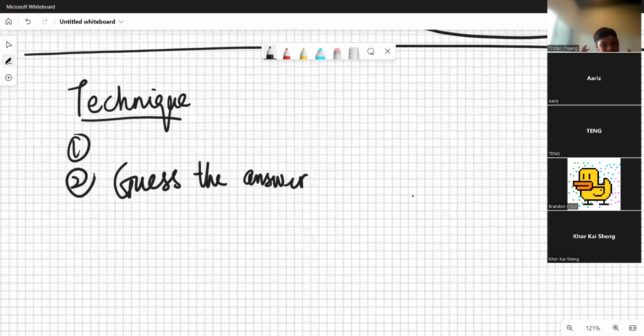But of course, this technique doesn't always work, in particular for an IMO shortlist question. I forgot which year. I think it's one of the recent years, either 2018, 2019, 2020, or 2021.